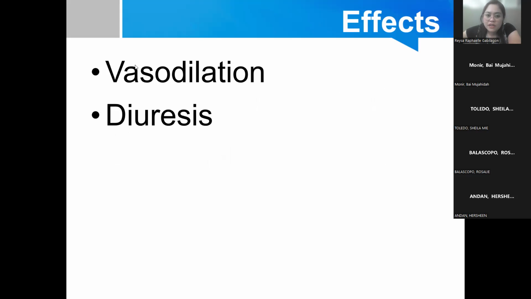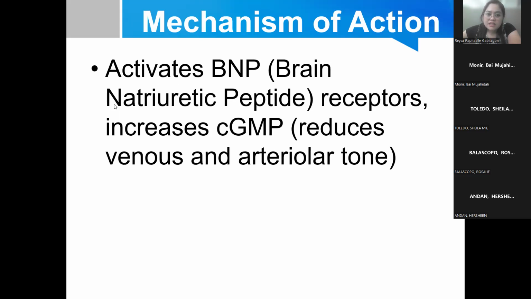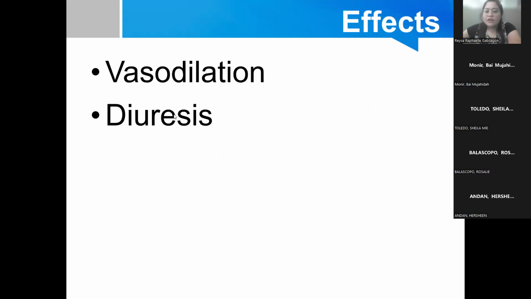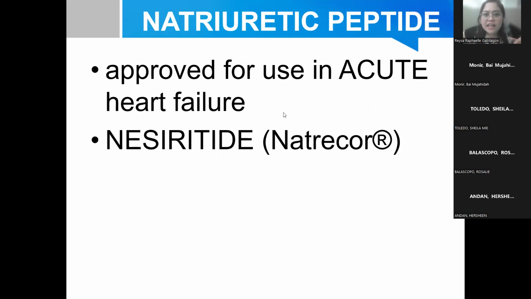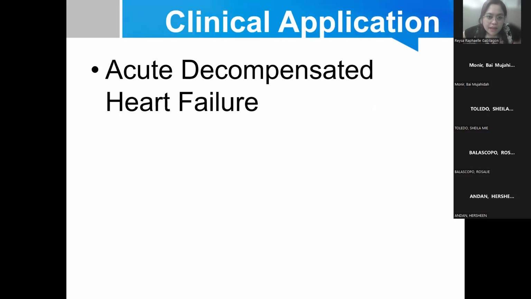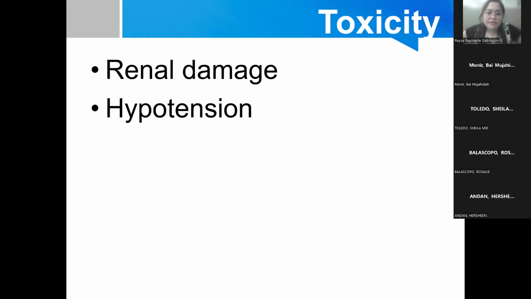We have the vasodilation, and at the same time, since this is called a natriuretic peptide, they can also cause diuresis. So yan yung gamit ng ating natriuretic peptide class. Pero again, ginagamit lang natin ito during acute decompensated heart failure. Hindi siya as a maintenance drug for chronic heart failure.